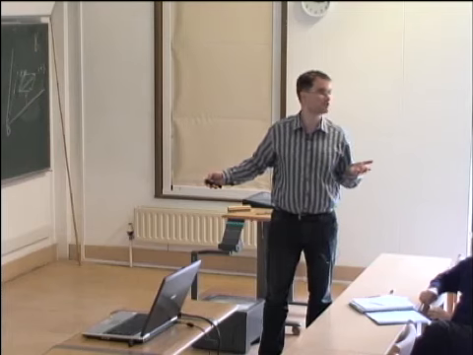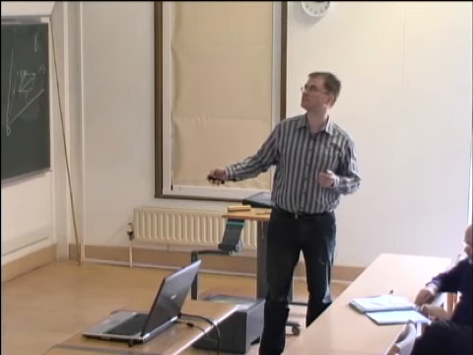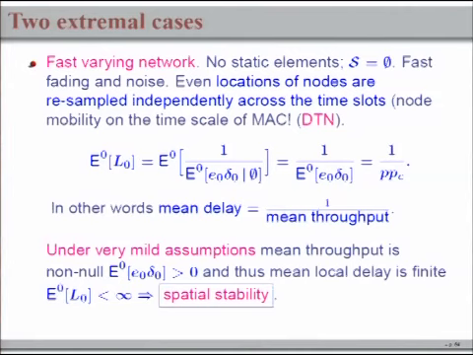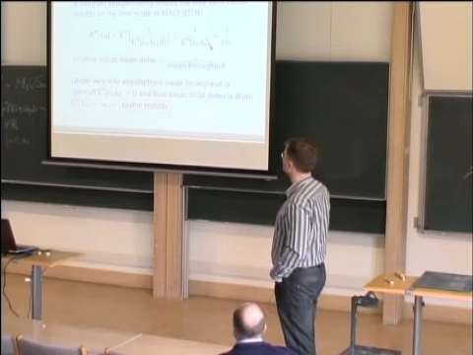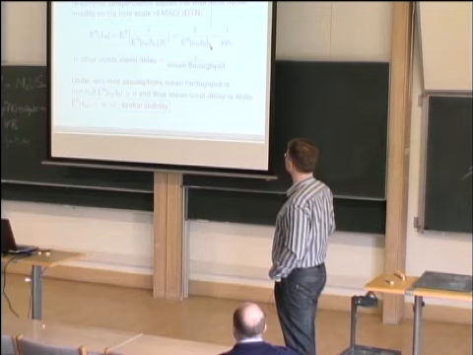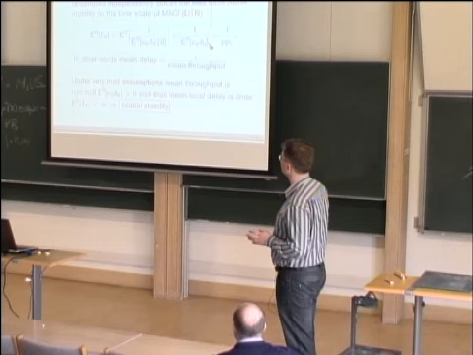PC is the coverage probability I have evaluated before, so under my assumptions it's positive. This being positive, this is finite. So if everything is resampled rapidly in an IID manner in the network, the local delay is equal to 1 over the successful transmission probability times P, and since this is always non-zero, this thing is always finite.